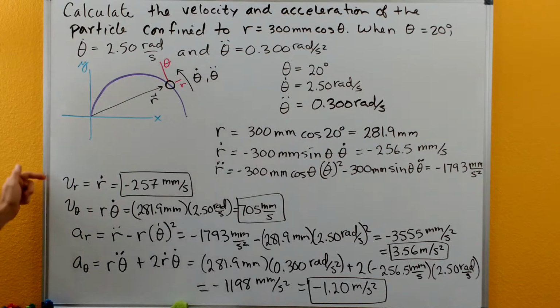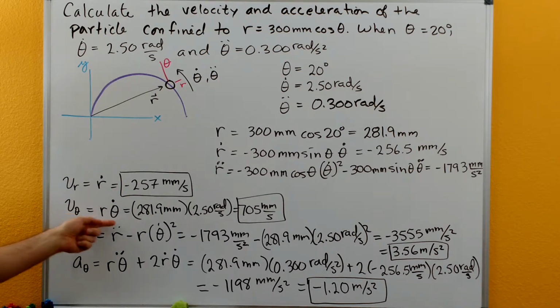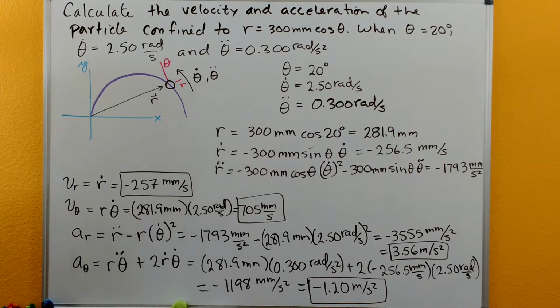From here, it's just a plug and chug into the formulas for the radial and theta components of the velocity and the acceleration. So velocity in the r direction is just r dot. We've already calculated that, so we plug that in here. Velocity in the theta direction is r times theta dot. So we plug in our r, plug in our theta dot, and get 705 millimeters per second.